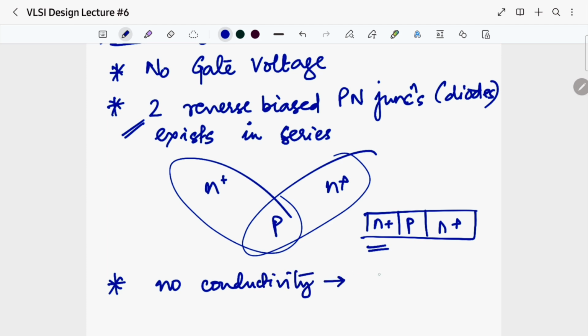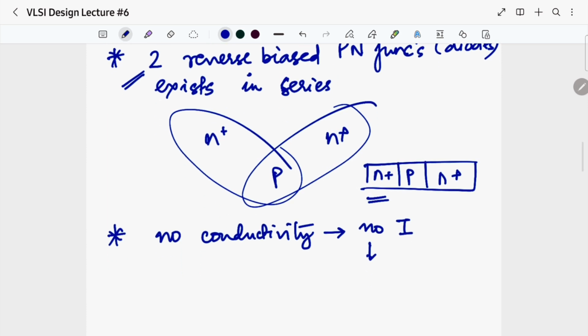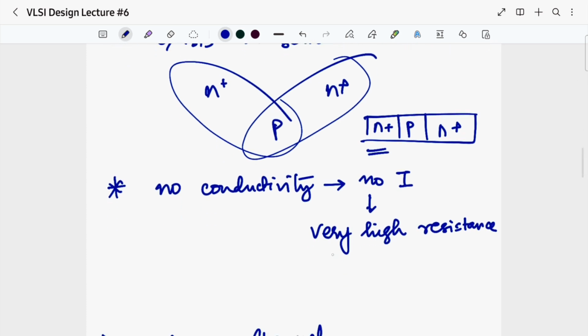No conductivity means no current. No current means what is the conclusion we can draw from here? That very high resistance is present. If there is no current, too much resistance is there.